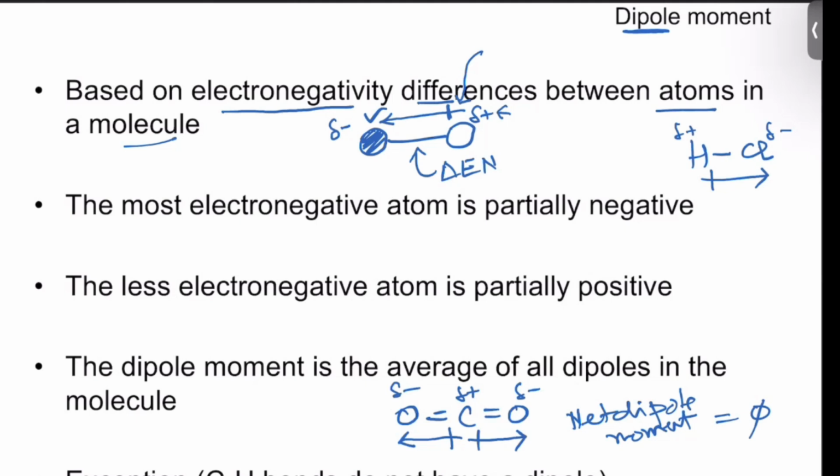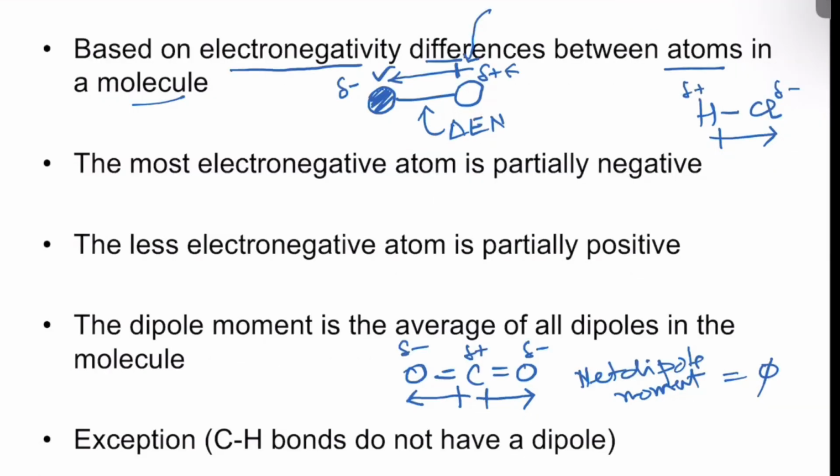Therefore, carbon dioxide has a net dipole moment of 0. Now notice carefully, each bond in carbon dioxide does not have a 0 dipole. It's just that the sum of all the dipole moments in that molecule adds up to 0 because the dipole moments cancel each other out.